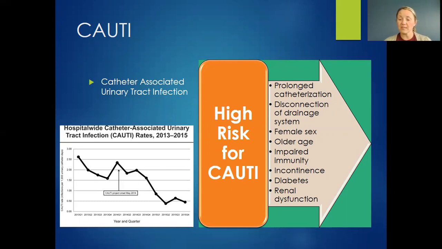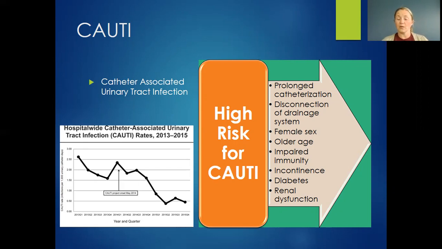Strict sterile technique should be observed when inserting a Foley catheter. When we're caring for somebody who has an indwelling urinary catheter, we want to maintain a closed drainage system.